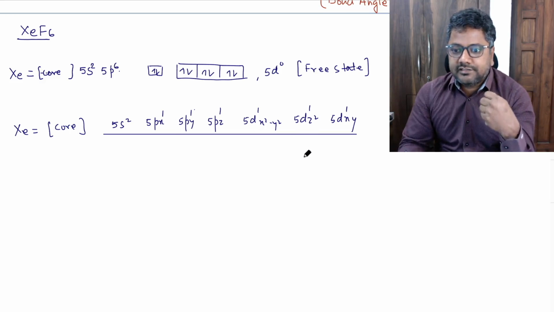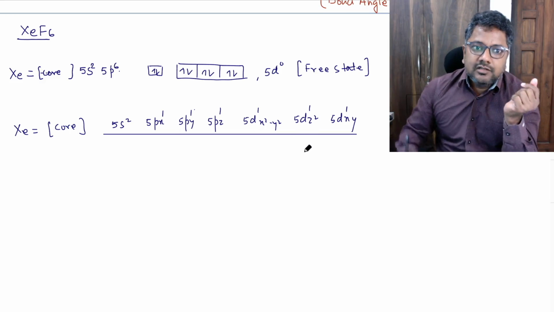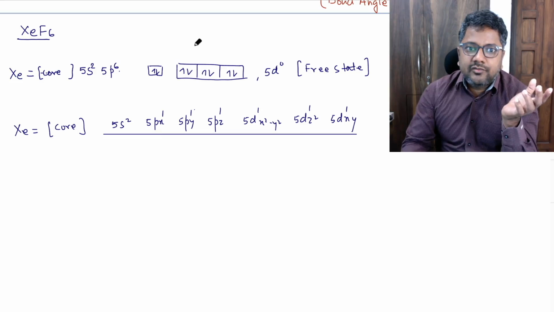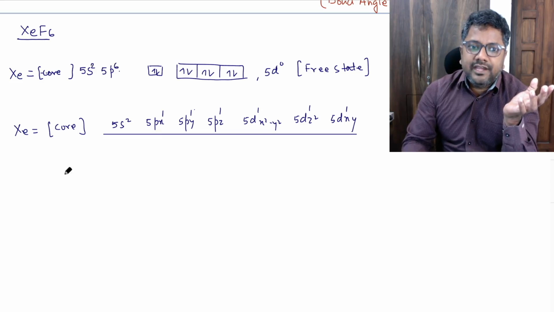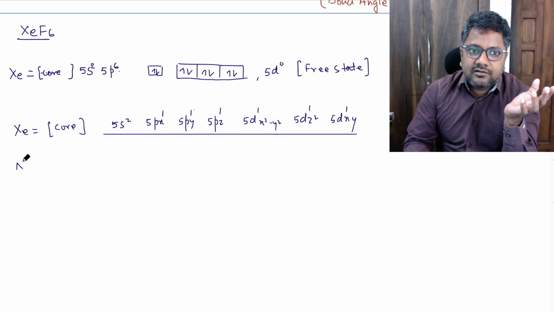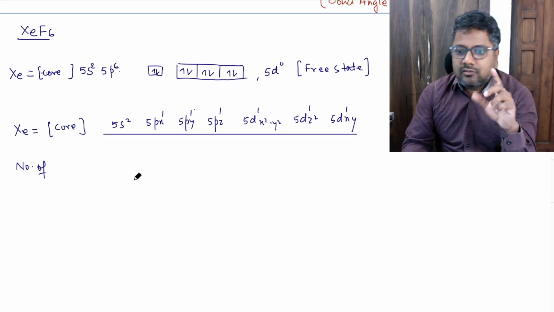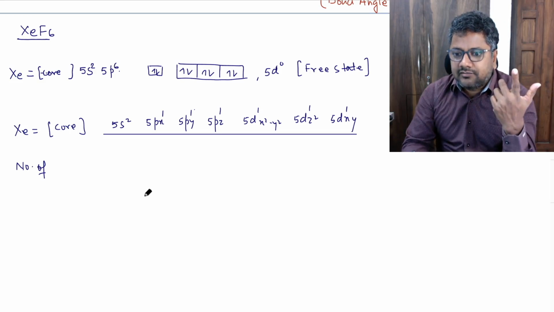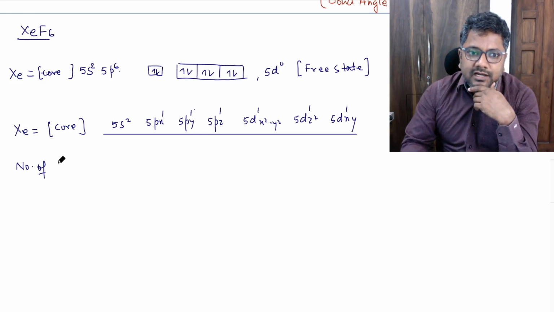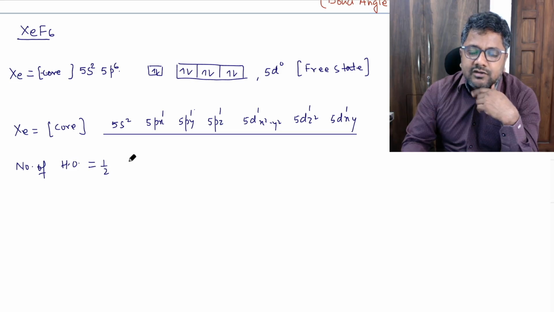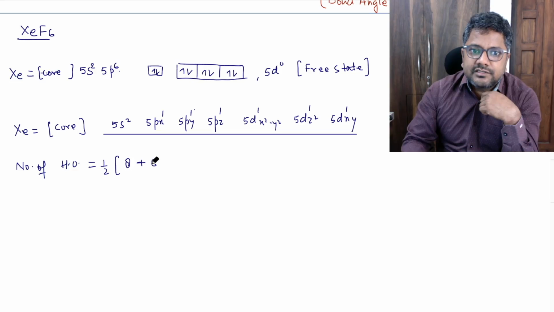Okay, right? Good. Now, number of electrons contributed by this xenon in this molecule, 6 and 2, 8. Now I am not going to write each and everything that I have written for the previous molecule. All of you should note down yourself. So number of hybrid orbitals we can take directly: this is equal to 1 by 2 of 8 from xenon, 8 electrons total you have to count here, plus 6 here.